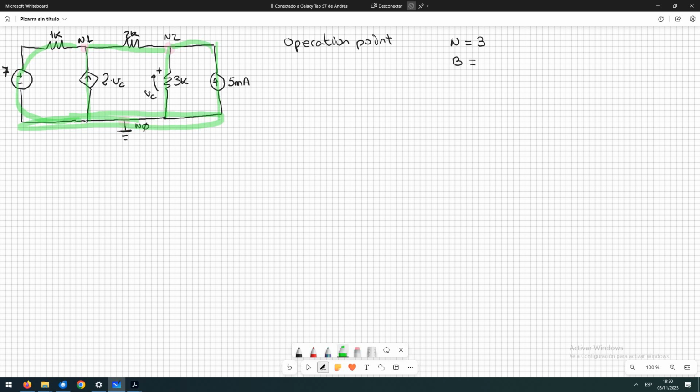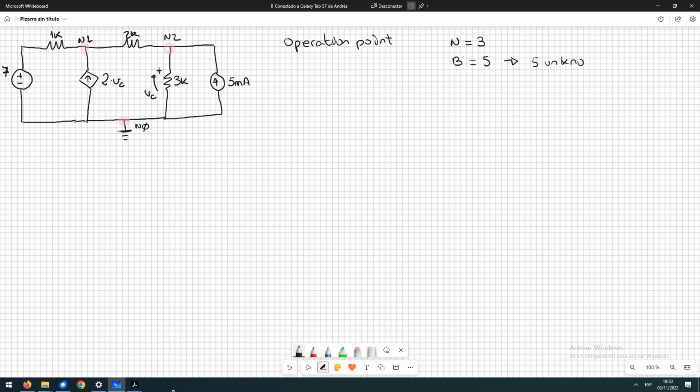So we have five branches. So if we have, I'm going to delete the colors. So if we have 5 branches, we are going to have 5 unknowns.